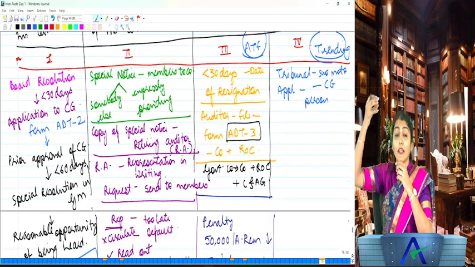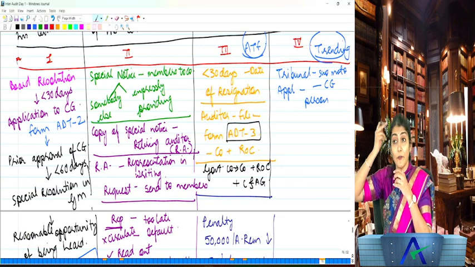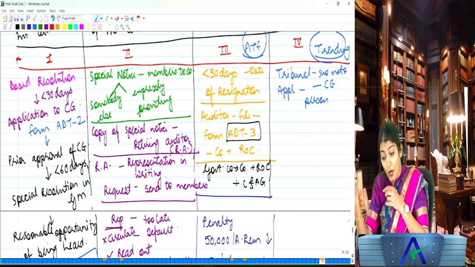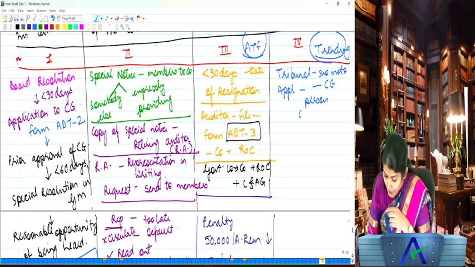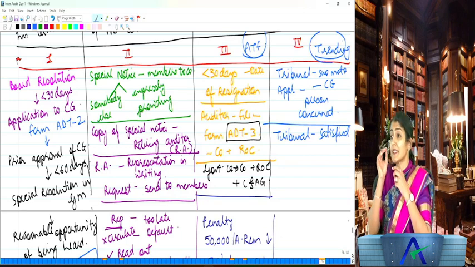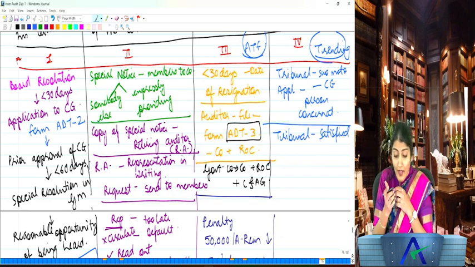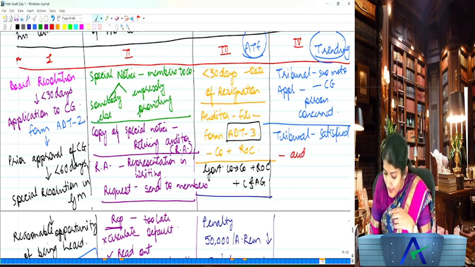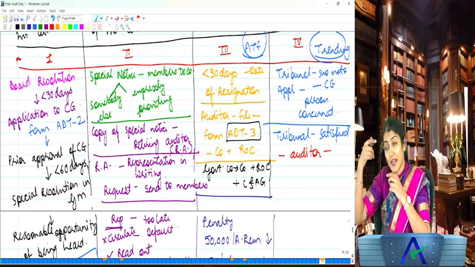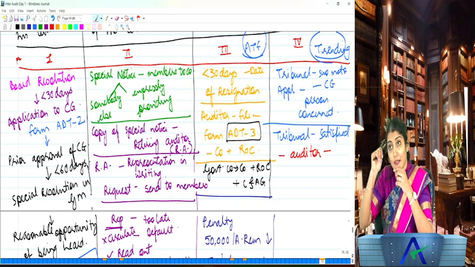It says the tribunal, either suo motu on its own or based on an application received from central government or any person concerned, and the tribunal is satisfied. What is the tribunal satisfied about?